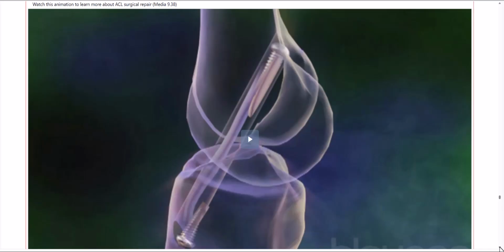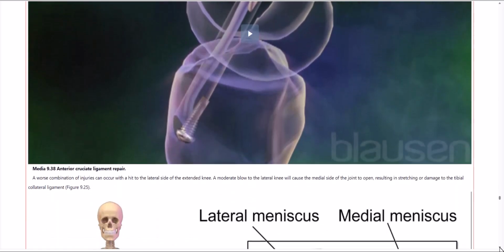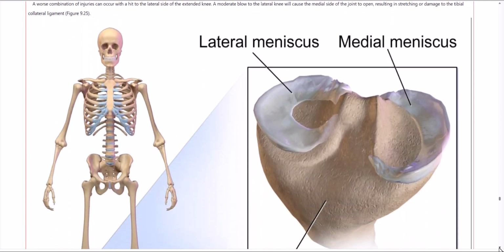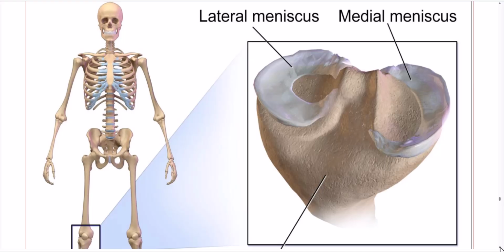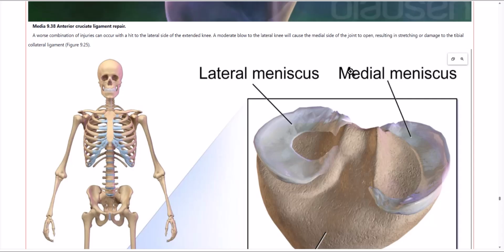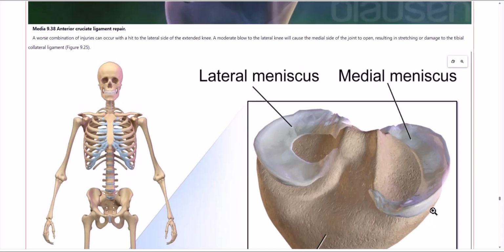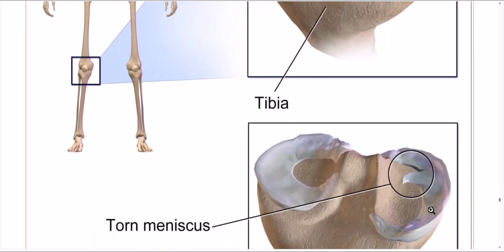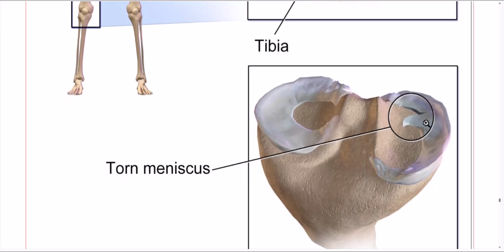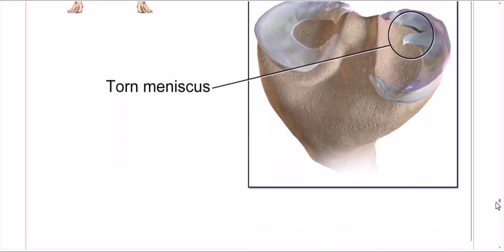And recall, what is being stretched or torn are a bunch of collagen fibers. And so once those are torn or damaged, they are not likely to ever be back exactly the way they were even after surgery. Here we can see the meniscus, and you can see there's a breakdown of the meniscus. This would be leading to a torn meniscus or arthritic changes as well.